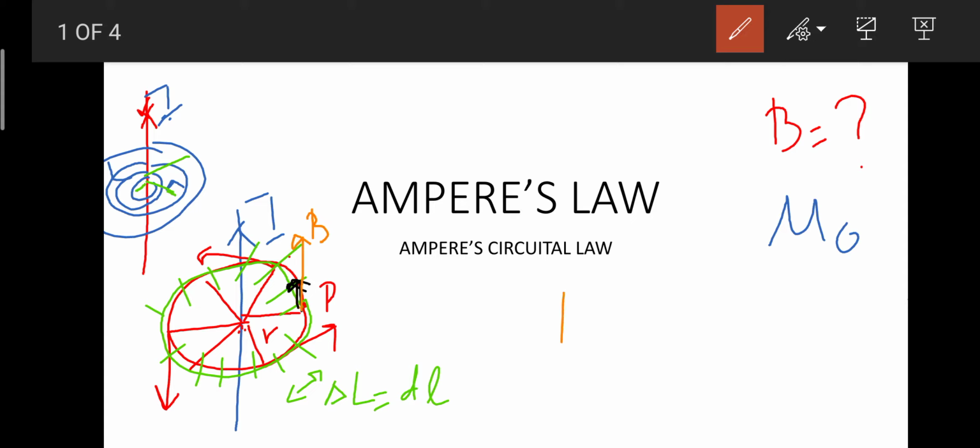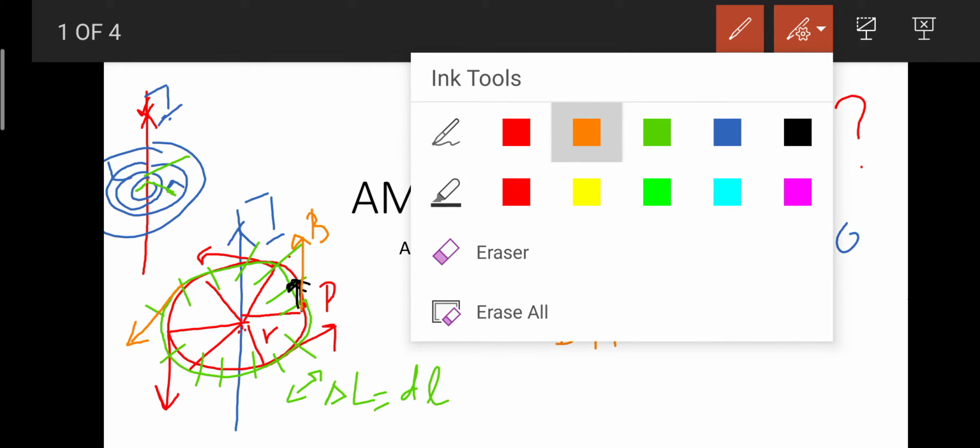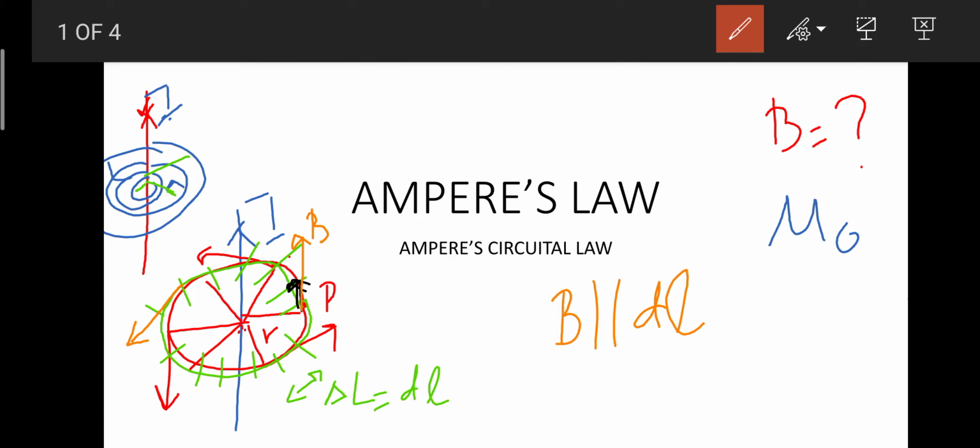Now what you observe? You observe that B is parallel to dl, or delta L, right? At any point, the direction of B is tangential, and the direction of L at this particular point is along a line, and the path will definitely be curved. So at every point, B is parallel to the length element, and we say that theta in this case is equal to 0.